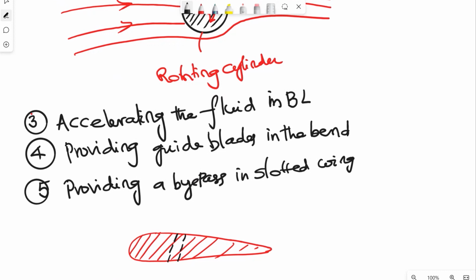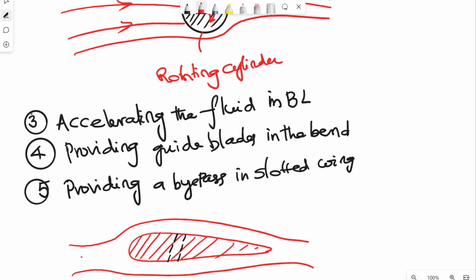If you make this, naturally when the flow takes place like this, the flow can move from this direction to this direction also. So this is what we call a slotted wing.